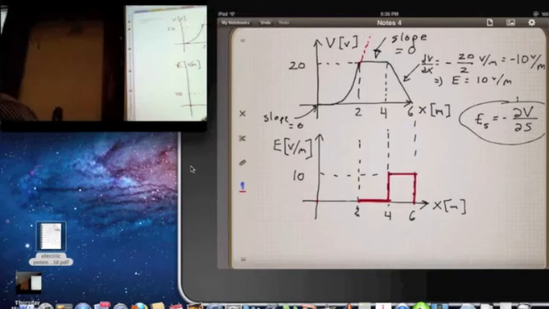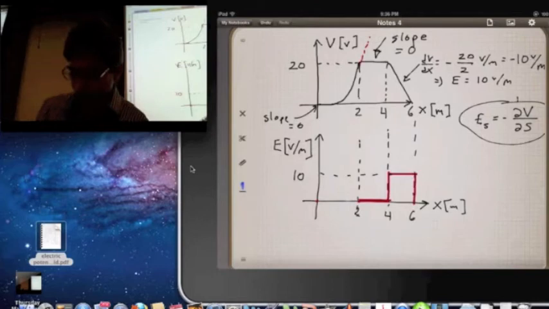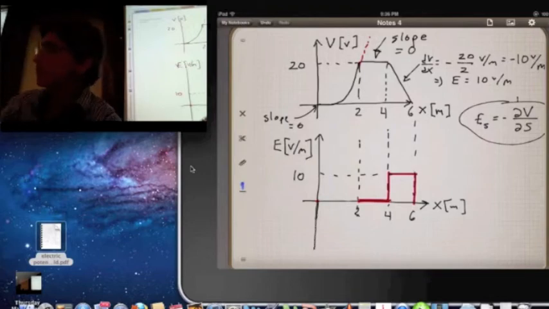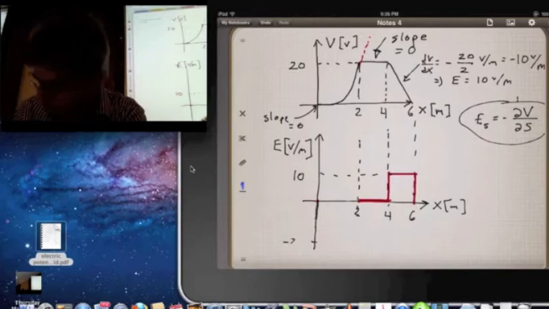Say that again. Negative what? 20? The maximum number? That's right. How do you get that? Okay, so you went the other way, right? Yeah, that's good. So minus 20.